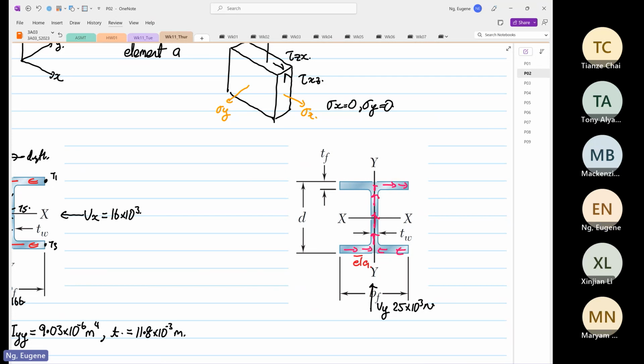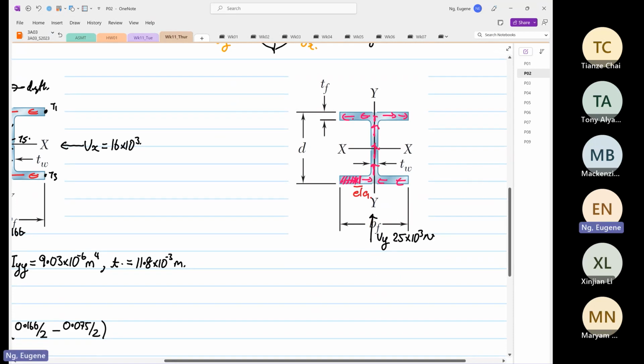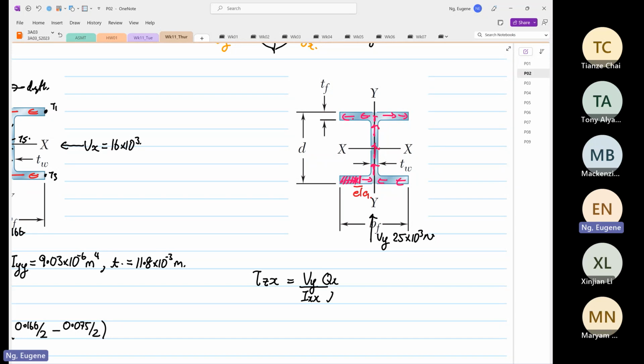And then the area of interest is up to here. White flange analysis. So we know that again, this is shear, Z plane, X direction is equal to Vy over Ixx, Qx divided by t. So we know that Vy is 25.